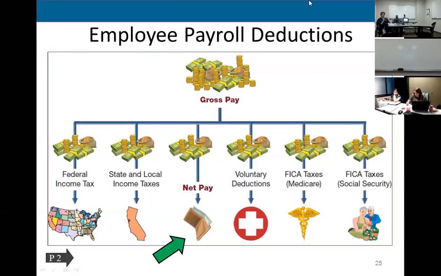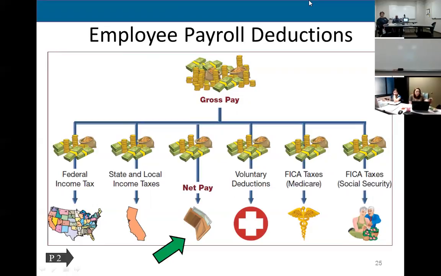All right, so gross pay is where we're going to start. That's the total compensation an employee earns. This is going to include wages, salaries, commissions, bonuses, and any compensation earned before deductions, taxes being an example.